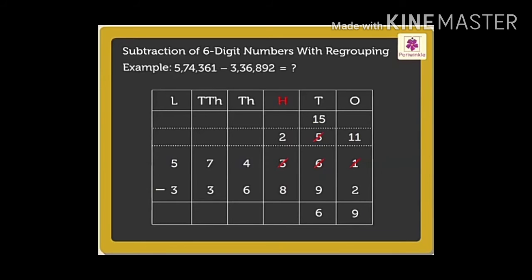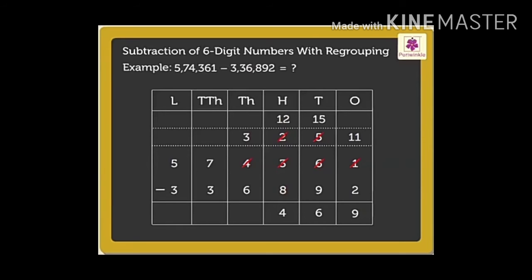Next hundreds place. 2 minus 8, we cannot subtract. Here also 2 is less than 8, so we have to borrow from the thousands. When you regroup that, you'll get 12 hundreds. So now 12 minus 8, you get 4.